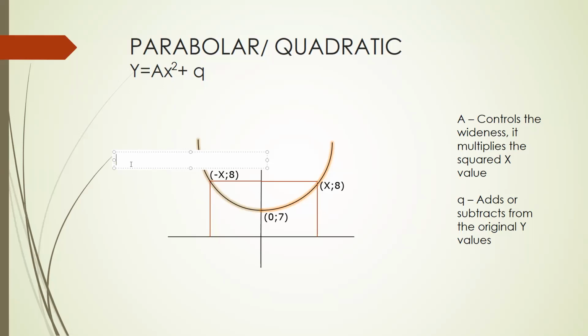For now, let's just work on finding the equation. Okay, our q is equal to 7. We have a coordinate, which means we can get x and y. It is a that we don't know.